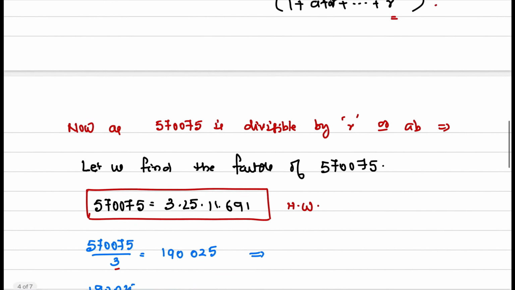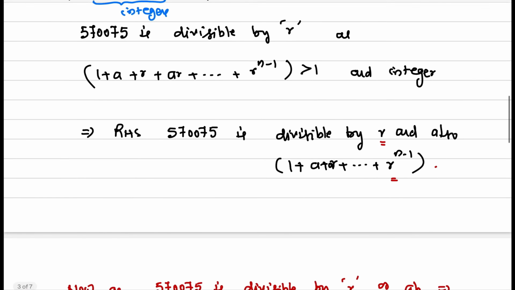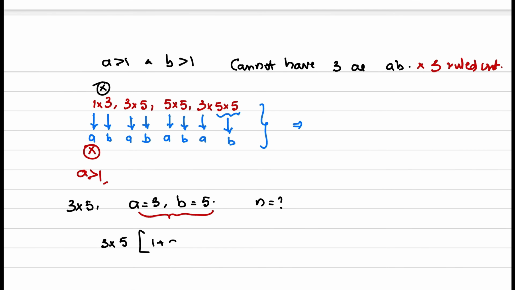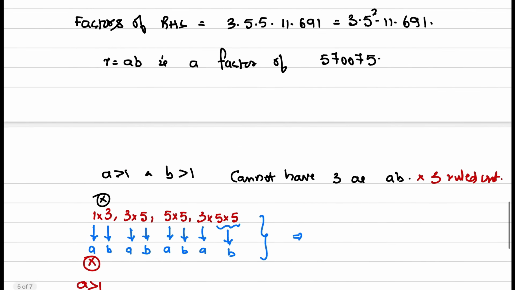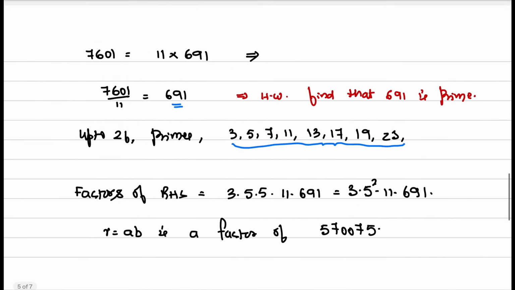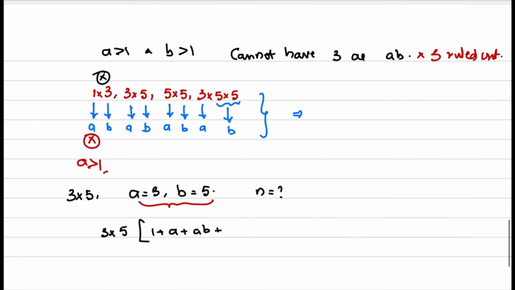The equation we have written is 1 plus A plus R plus AR, that is 1 plus A plus AB plus, instead of R we are writing AB, A square B plus up to A to the power of n minus 1 into B to the power of n minus 1, is equal to 3 into 5 square into 11 into 691.